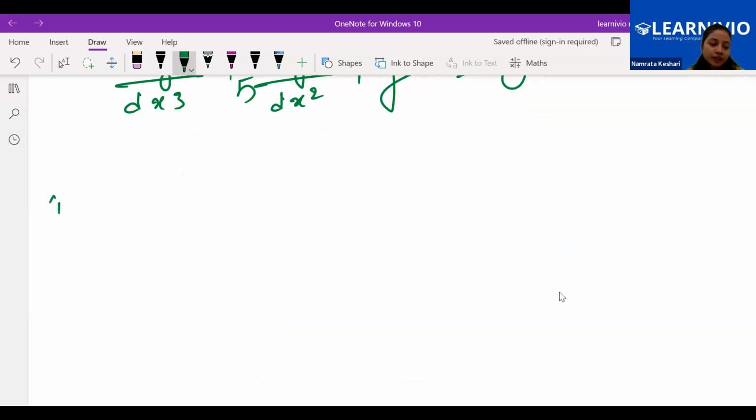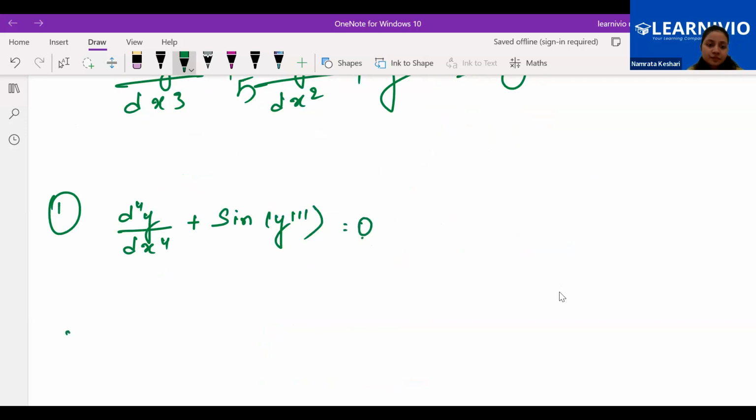Let's do a few more questions. Determine again the order and degree. Number 1: what is the order and what is the degree?